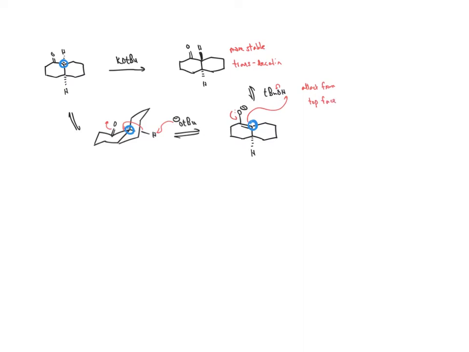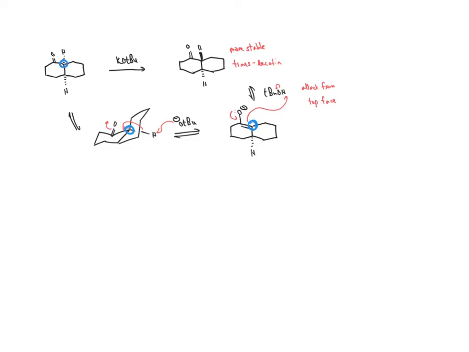Right, so attack from the top face to give you that trans-decalin. And again, this is all a consequence of this idea of alpha epimerization. If you have a stereocenter alpha to a carbonyl, under acidic or basic conditions, you might lose the stereocenter because of the intermediacy of an achiral species.